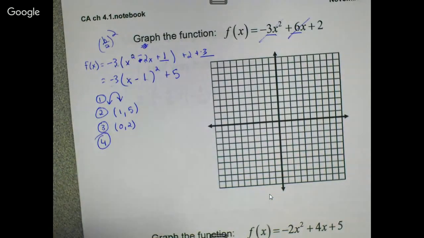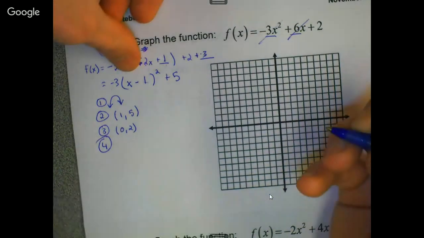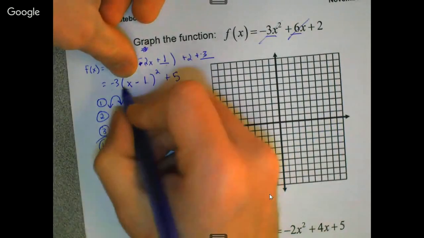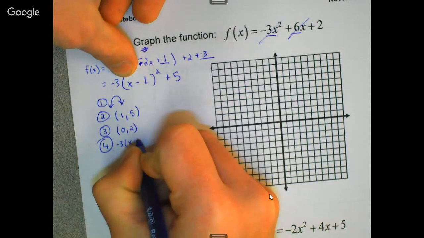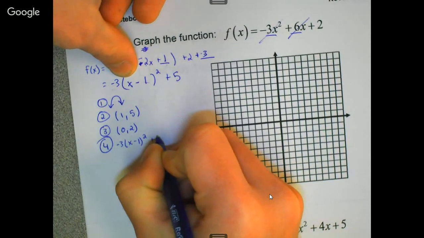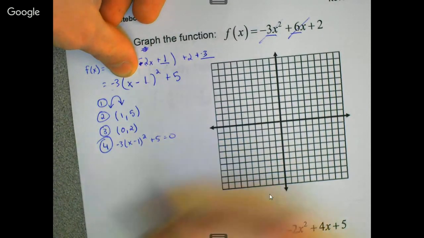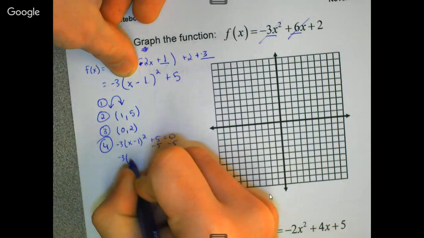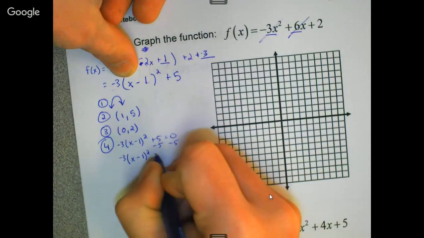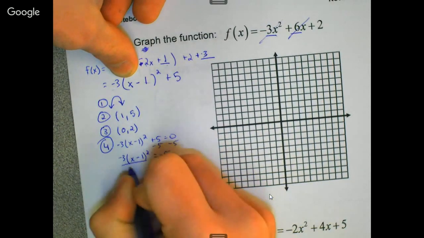4 is the x-intercept. So we'll just set that equal to 0. So minus 3(x minus 1) squared plus 5 equals 0. So minus 5, negative 3(x minus 1) squared equals minus 5, divided by minus 3.